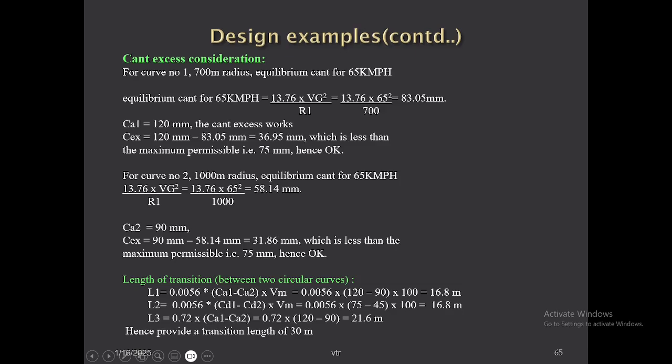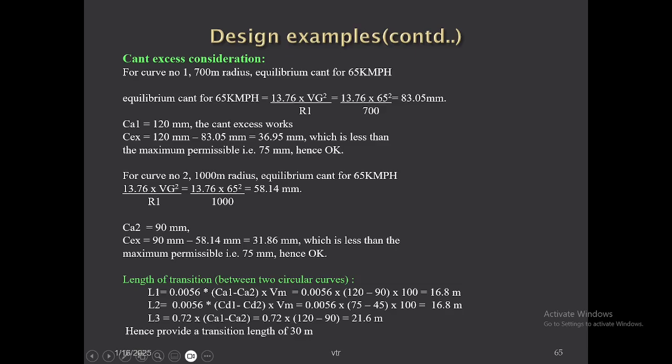Again now we go for the length of transition between the two circular curves. As already discussed, we have three formulas, and we are substituting. L1 is equal to 0.0056 into CA1 minus CA2 into Vm. We got the first condition as 16.8 meter, and the second, 0.0056 into CD1 minus CD2 into Vm. Substituting the values we got 16.8, since we already equated, that is almost equal. And the third one is the rate of change of cant gradient, 0.72 into CA1 minus CA2.